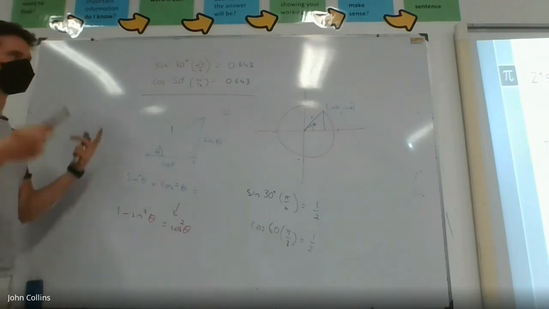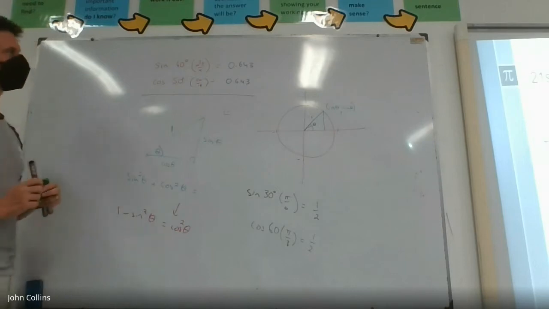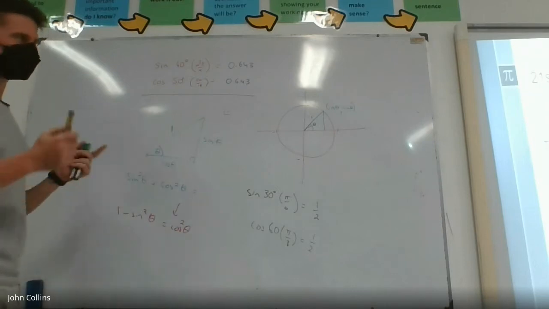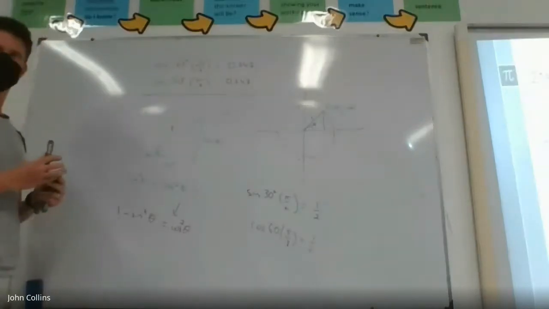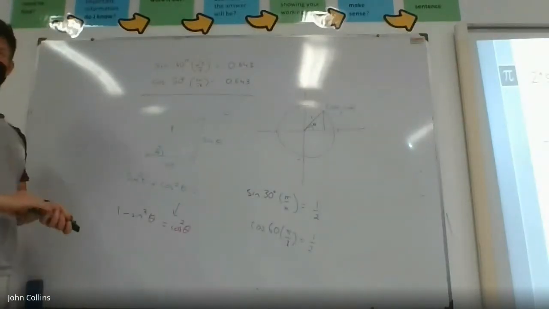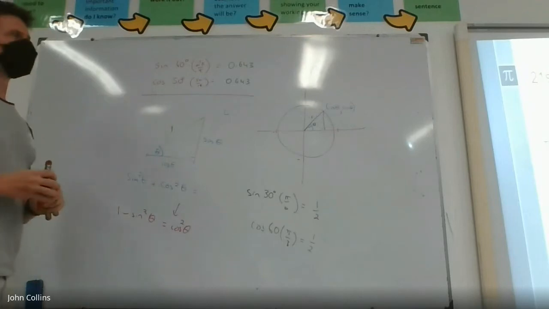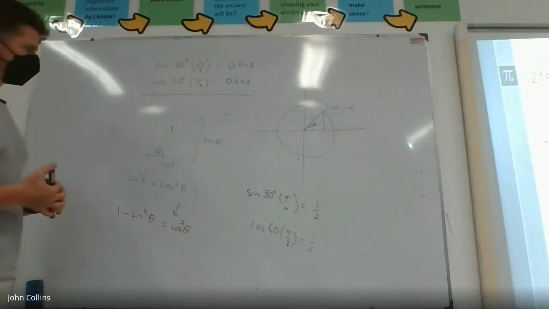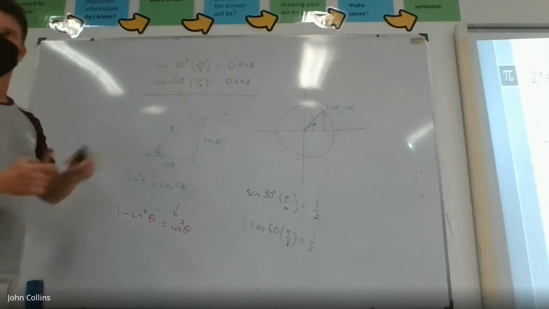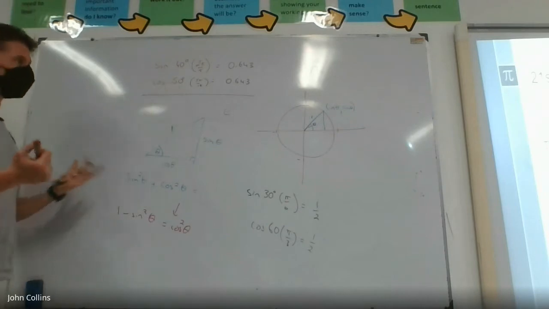How could we write this relationship in a more mathematical sense, rather than saying that every time it's kind of the opposite? Well, 40 and 50 add to what? 90. Okay.